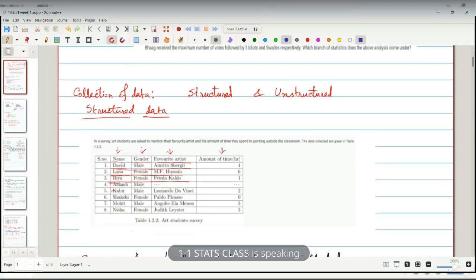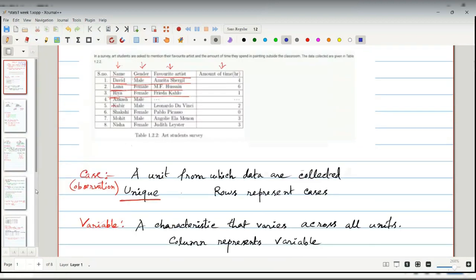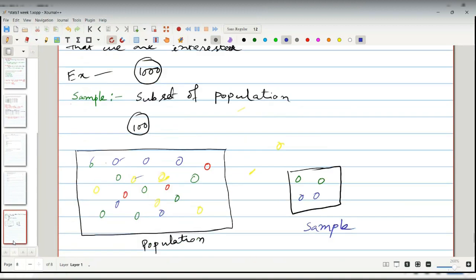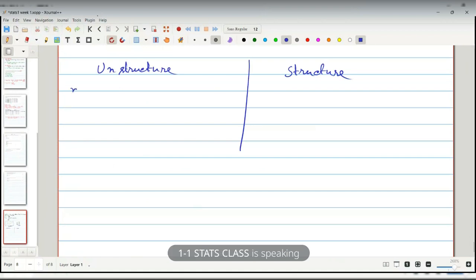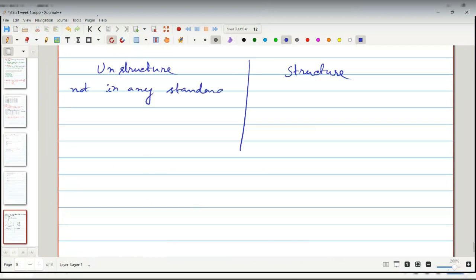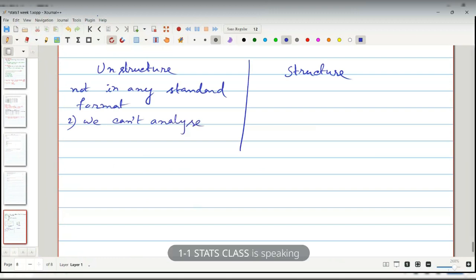Next, collection of data. Two types of collection of data: structured and unstructured. Unstructured data means the data is not in any standard format, and we cannot analyze anything from this data set.